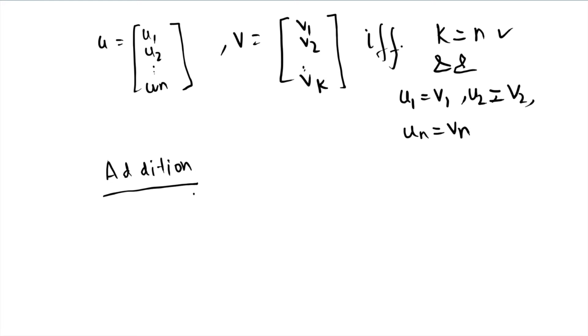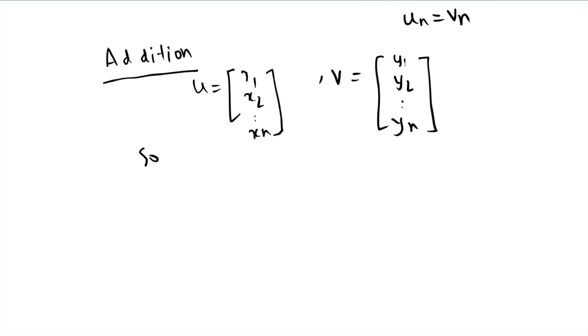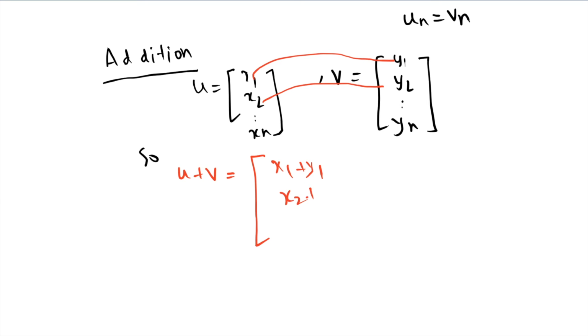Let's say u is x1, x2, dot dot dot xn, and v is y1, y2, dot dot dot yn. Then u plus v will be x1 plus y1, x2 plus y2, and so on and so forth.